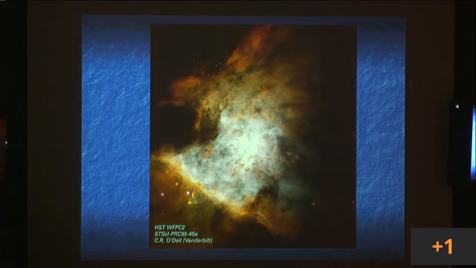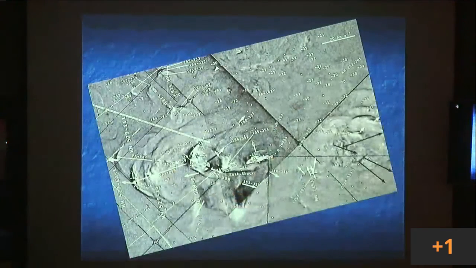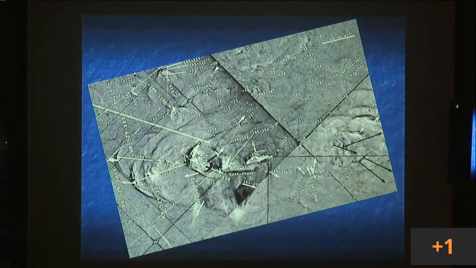So this is a modern image of it. We've seen it many times before. This doesn't do justice because it projects to about 1/5 of the resolution of the images. Today, with a 20-year time base, we're able to look at changes within the nebula, which are almost exclusively the outflows that are originating from young stars.